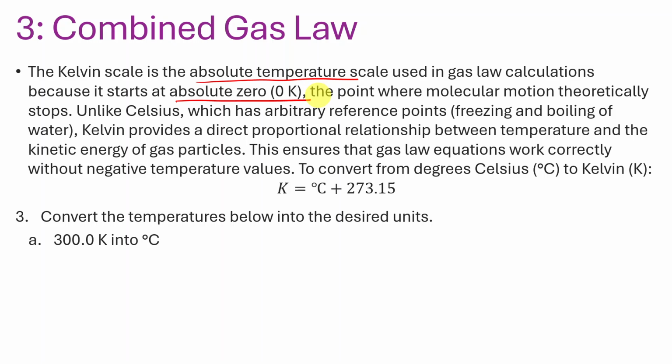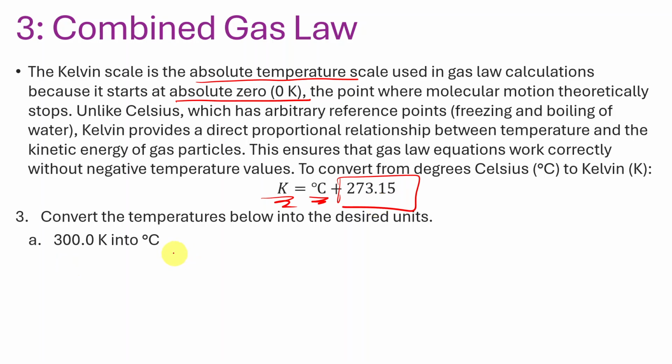So you can imagine a question where maybe you're solving for volume and you have a negative temperature in Celsius. Well, your answer can't be a negative volume. So we need to use a temperature scale that doesn't have negative numbers. If you want to convert from Celsius into Kelvin, you just add 273.15. If you want to go from Kelvin to Celsius, you subtract 273.15.